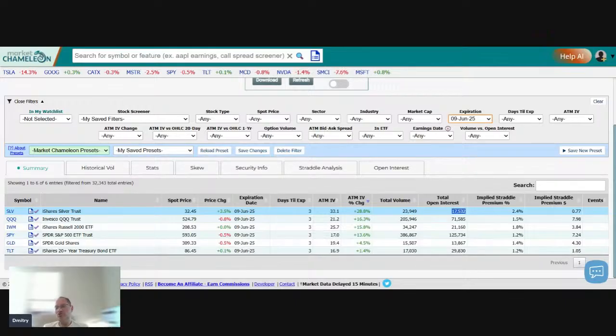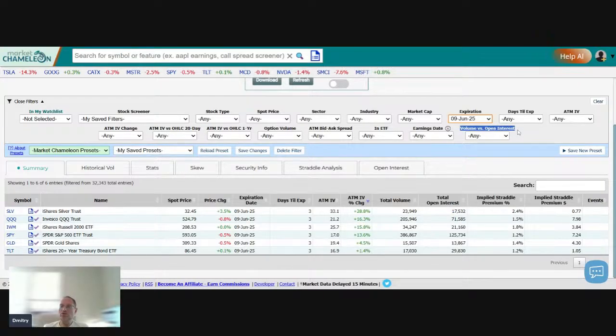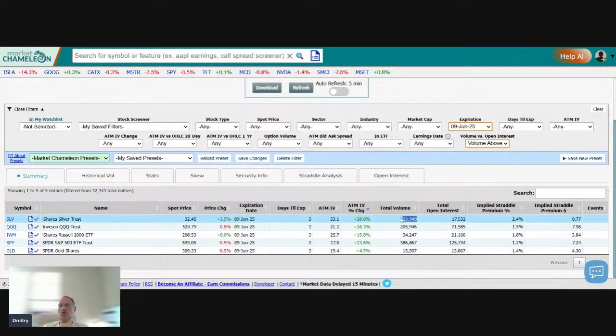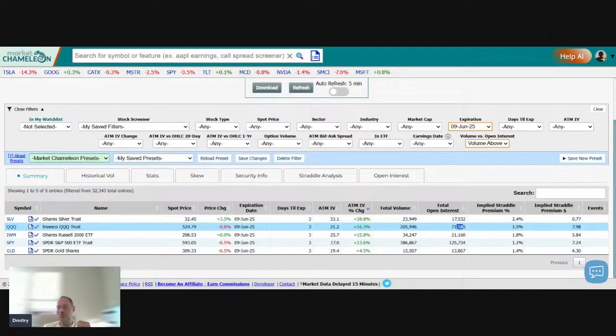And if we wanted to filter that down further, if we wanted just to look at where the volume is greater than the open interest, we could just click on that, show me volume greater than open interest. So you could see in all these, today's volume as of yesterday's close was greater than the total open interest in that expiration.